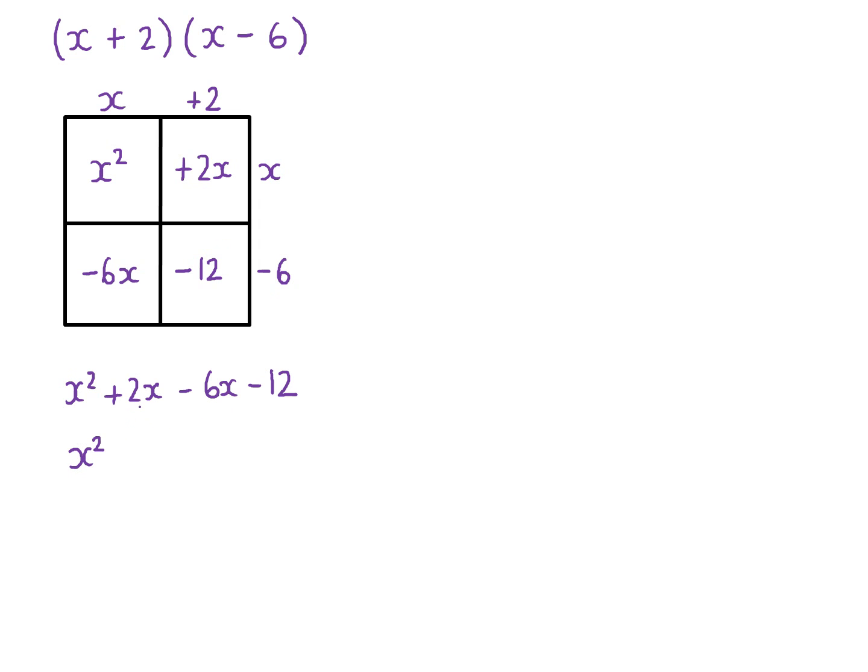So we get x squared. Well, positive 2 take away 6, so we start at 2 in our number line and count down 6 is going to get us down to minus 4. It's going to be minus 4x minus 12. Looks nasty because of the negative sign, but actually it's quite straightforward as long as you remember your rules for multiplying and dividing negative numbers.